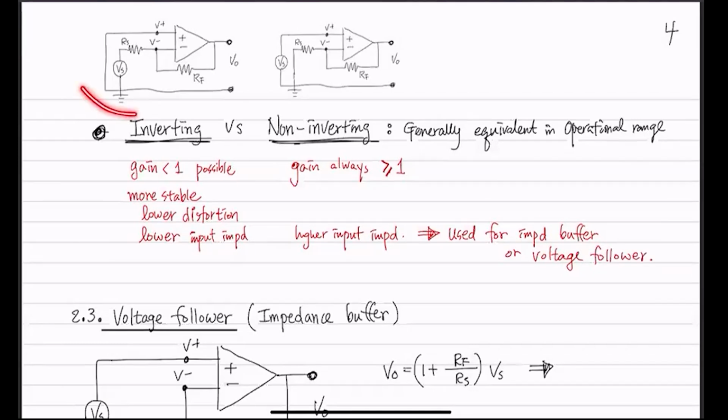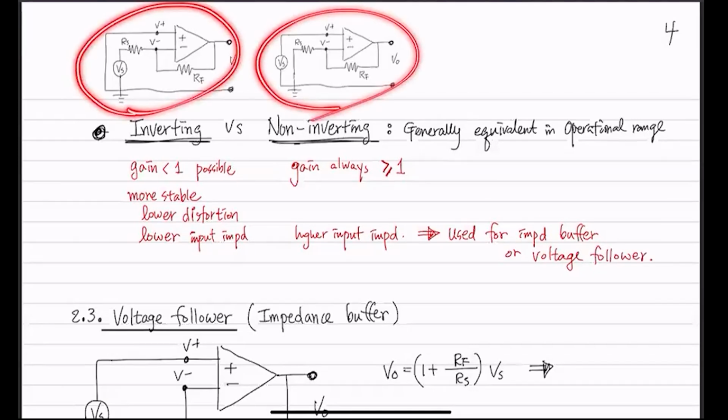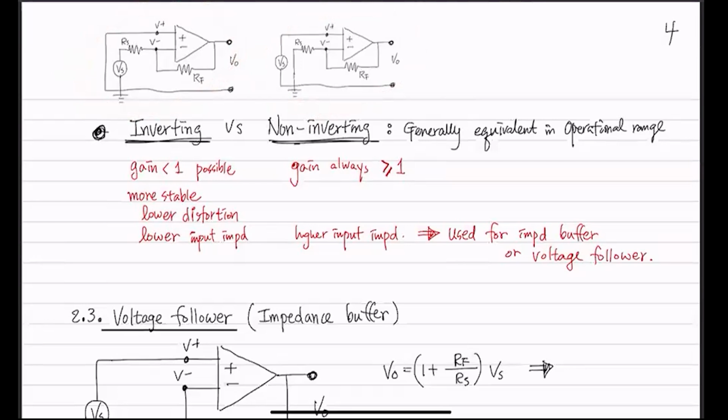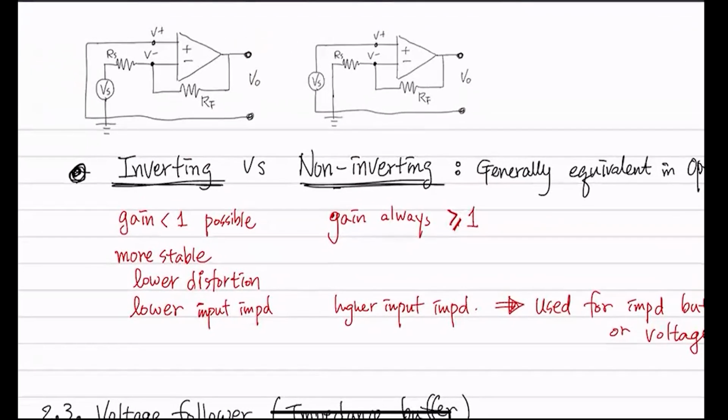If we take a look at the figure on the top, these two, the easiest way to identify which one is which is by looking at where your signal is being connected. So this guy is going to negative and this guy is going to the positive, right?